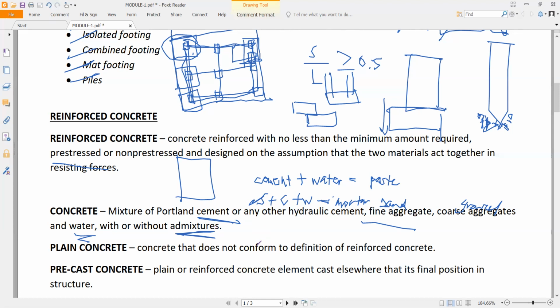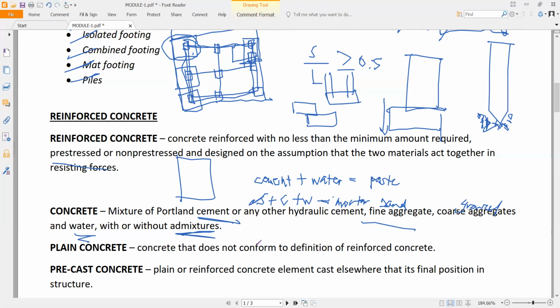So, we need admixture kasi nagkakaroon siya ng malaking abala kapag hindi kagad natutuyo. So, if we need to wait for 28 days curing period, malaking abala na yon. So, we add admixture para reach ng concrete yung full strength niya even before 28 days.